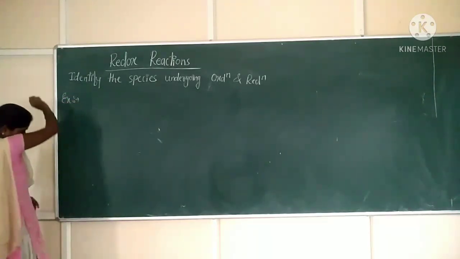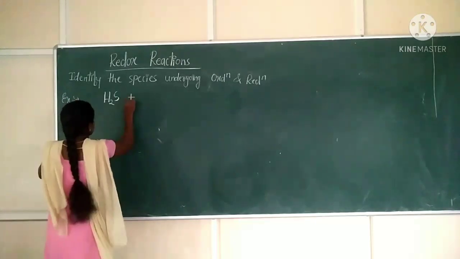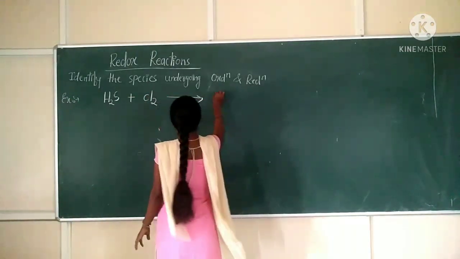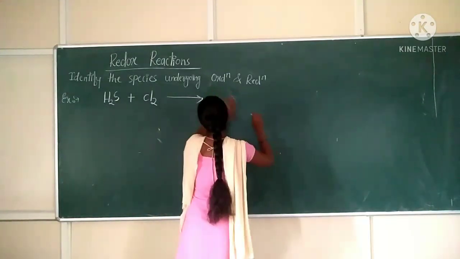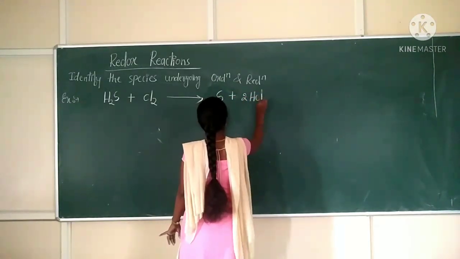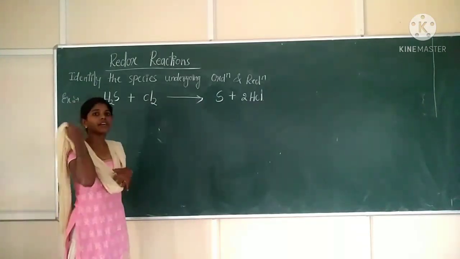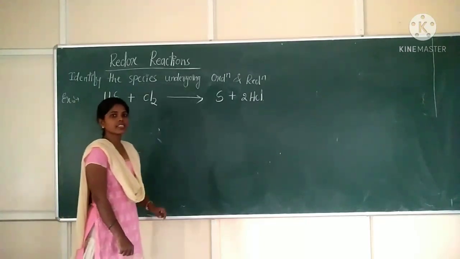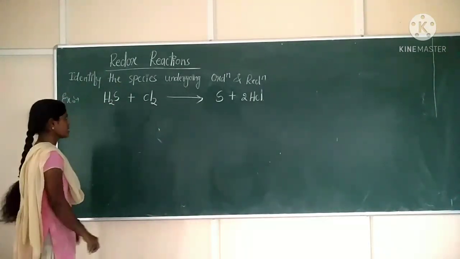For example, H2S reacts with Cl2 and it forms sulfur plus 2HCl. So this is an example of a redox reaction. What are redox reactions? Redox reactions are the reactions where oxidation and reduction occur simultaneously.